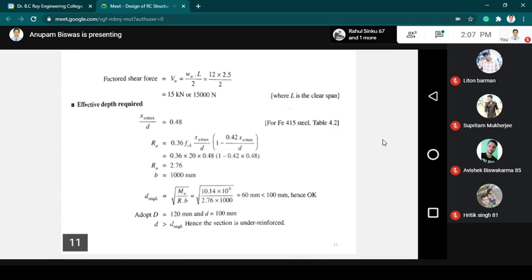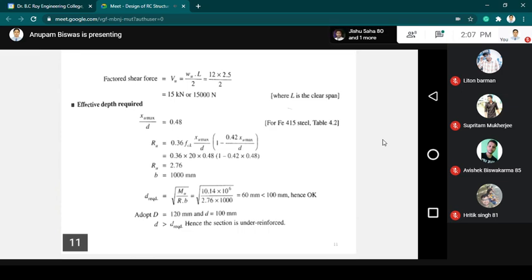So Mu obtained is 10.14 into 10 to the power 6 in newton mm, and we have to consider Ru in newton per mm square. So from here, the depth required we can obtain.